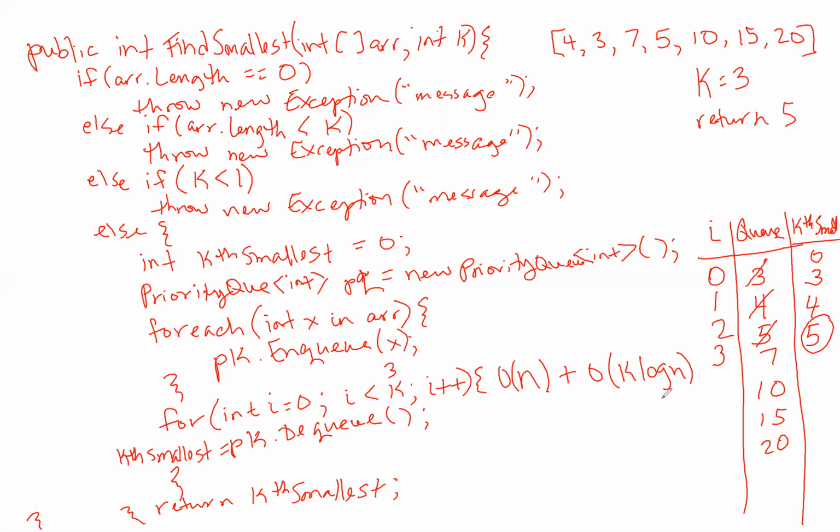Whenever you dequeue, it is a log n operation. So that is it, and it should function just as we're asking it to.